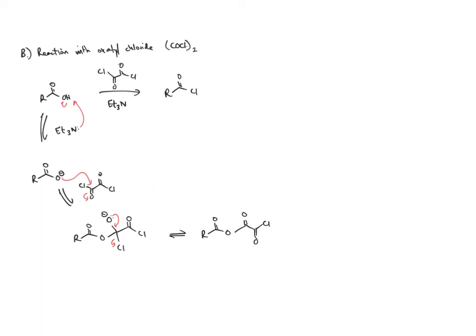Okay. Now at this point, this is where the superleaving group is, because you've got two small molecule gases. One is the CO2 and the other is the CO. Because what can happen next is the chloride anion that left just before can come back in and attack the carbonyl carbon, forming a tetrahedral intermediate.